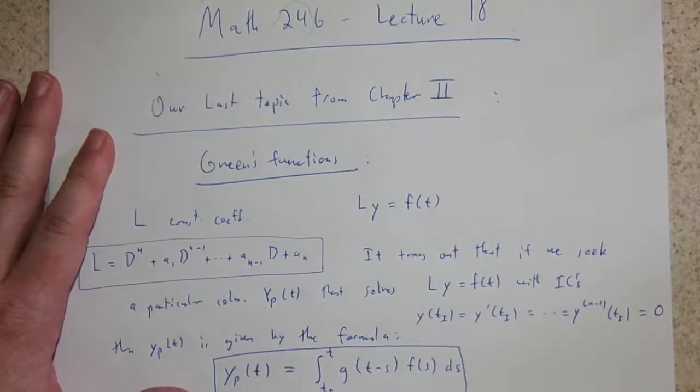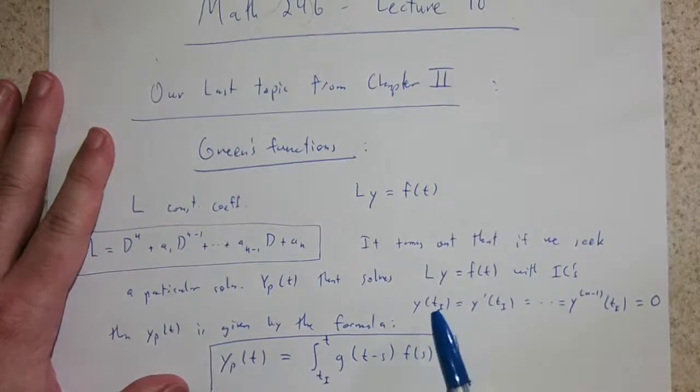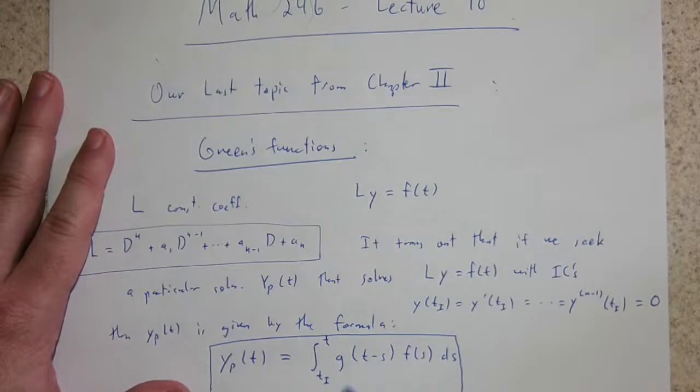Now before I tell you what this g is, note that immediately this satisfies the first initial condition, because if I plug in the initial time t sub I here, this is the integral from t sub I to t sub I, and it doesn't matter what this is, right? That integral is 0.